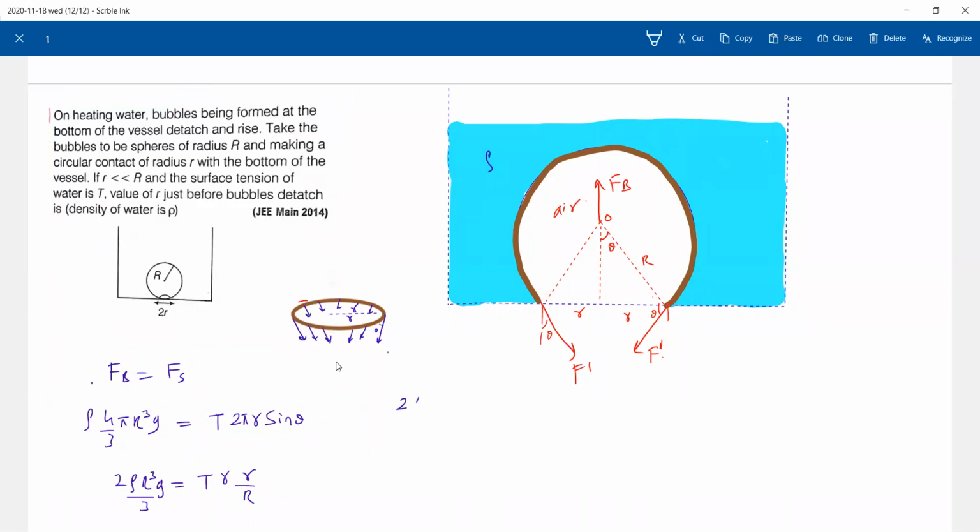So we'll solve for this. 2 rho r cube g is equal to T by r, so r square will come outside. r is equal to the square root of 2 rho g by 3T.